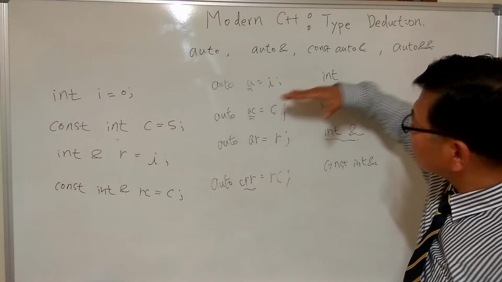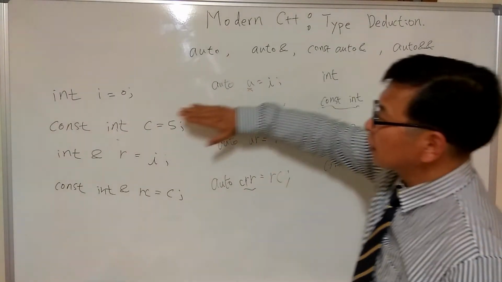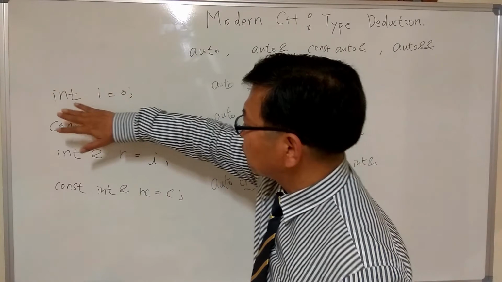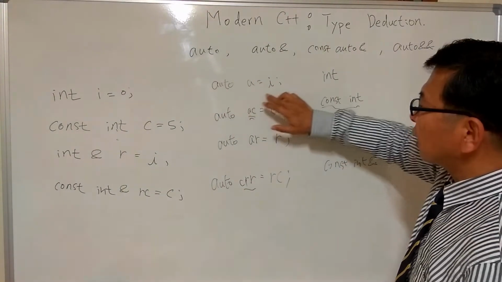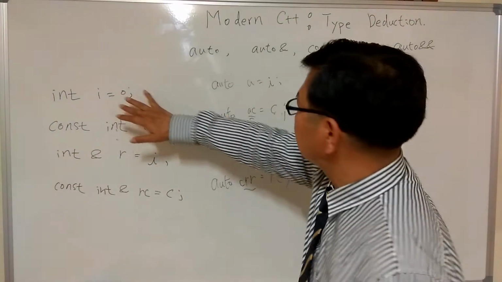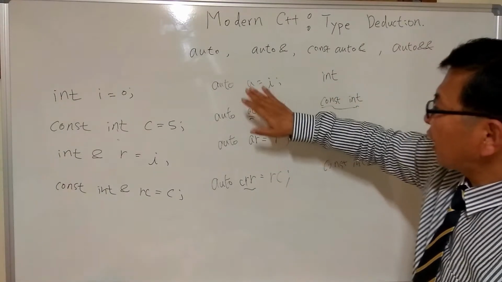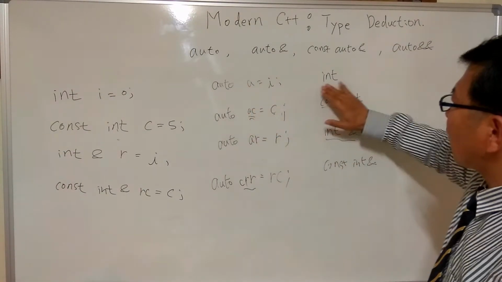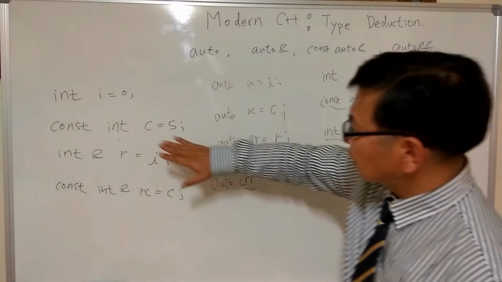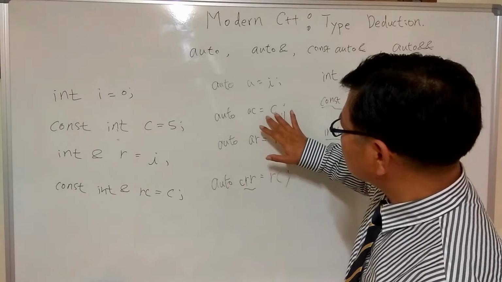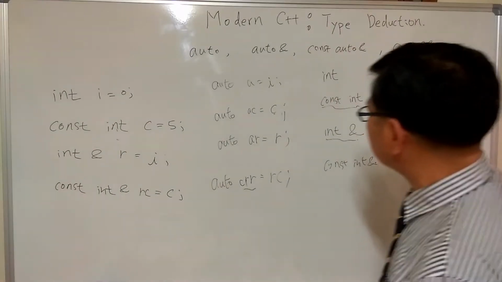First, let's go back again. Here, I is declared as int, and auto A is initialized with an int variable. In this case, A's type will be int. In the second case, AC is initialized with const int.